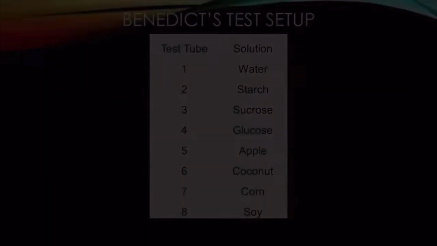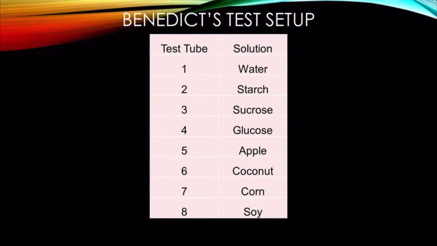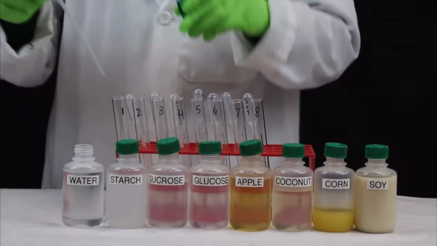See? He labeled them 1 through 8. And then now here, for the test setup, in each different number, you're going to put 1 solution into it. For 1, water, 2, starch, 3, sucrose, 4, glucose, 5, apple, 6, coconut, 7, corn, and 8, soy.